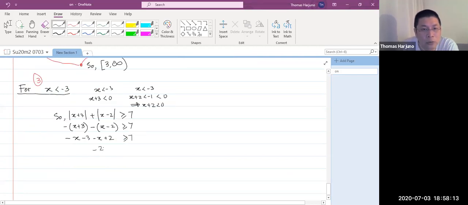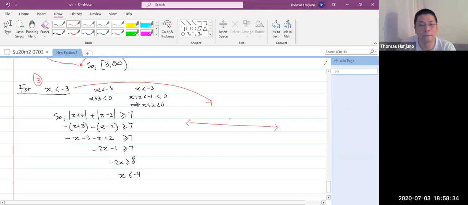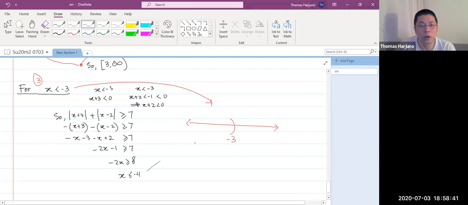So negative 2x minus 1 greater than or equal to 7. Negative 2x greater than or equal to 8. x is less than or equal to negative 4. So you see that first it has to be less than negative 3, but it also has to be less than or equal to negative 4.